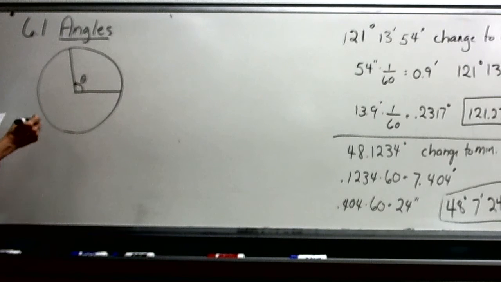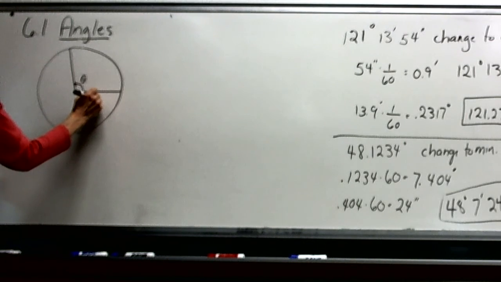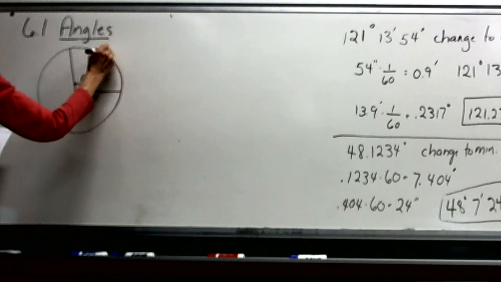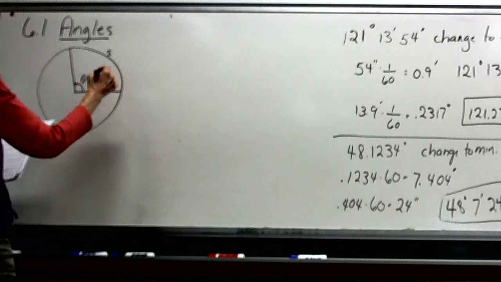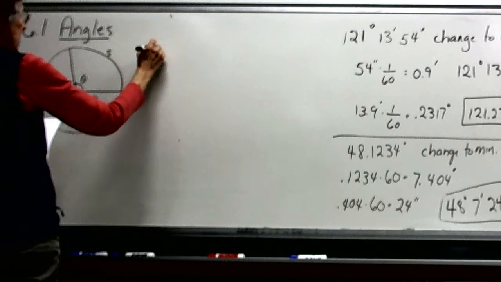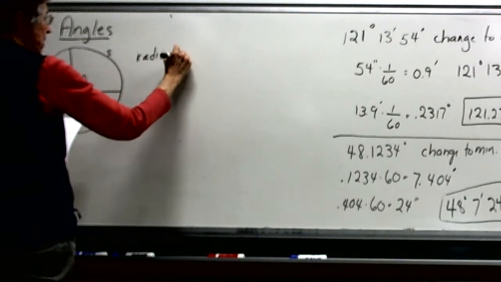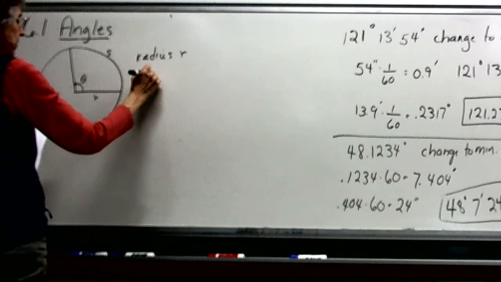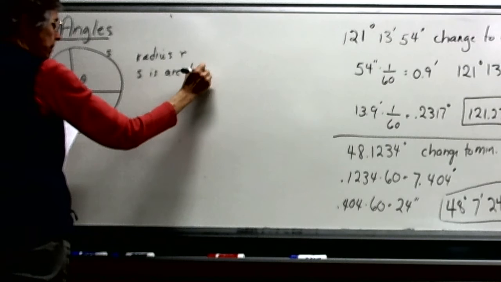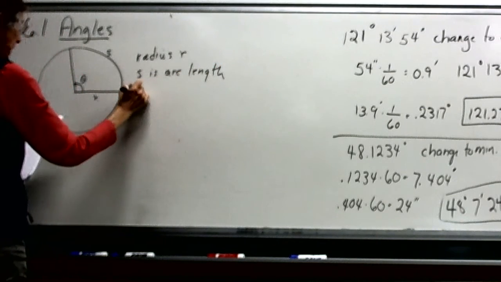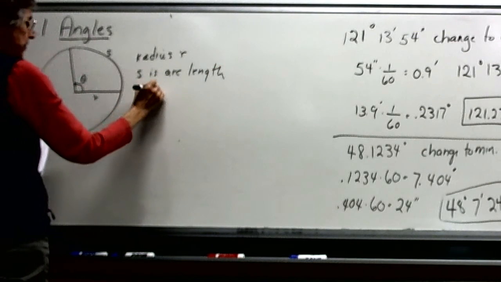We're going to say the radius of the circle is r, and the arc length subtended by that angle we'll call s. Radius r, s is arc length, and theta is our central angle.